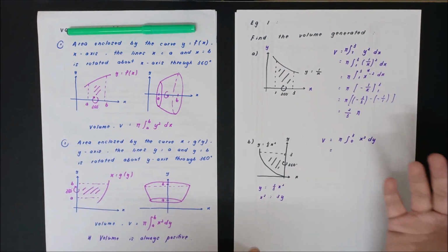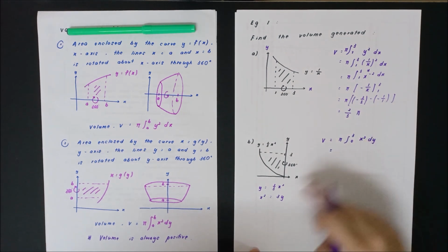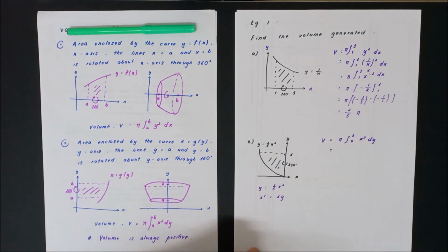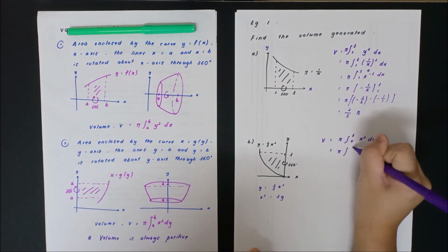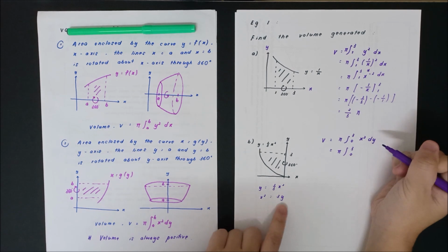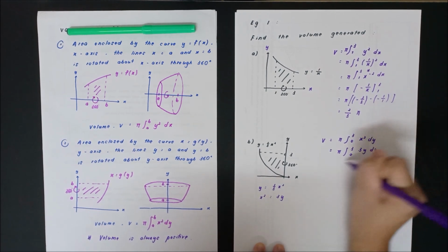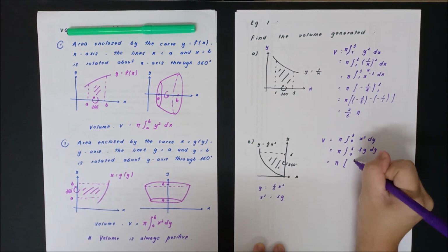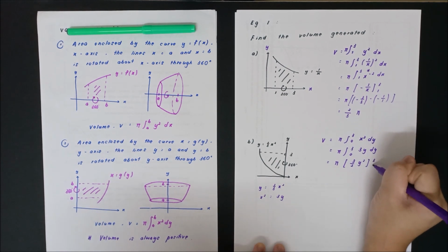You don't need to find x, because when you substitute here, you are still getting 3y after that. So pi times x squared is actually 3y, so 3y dy equals to pi. Then start to do your integration, y from 0 to 3.